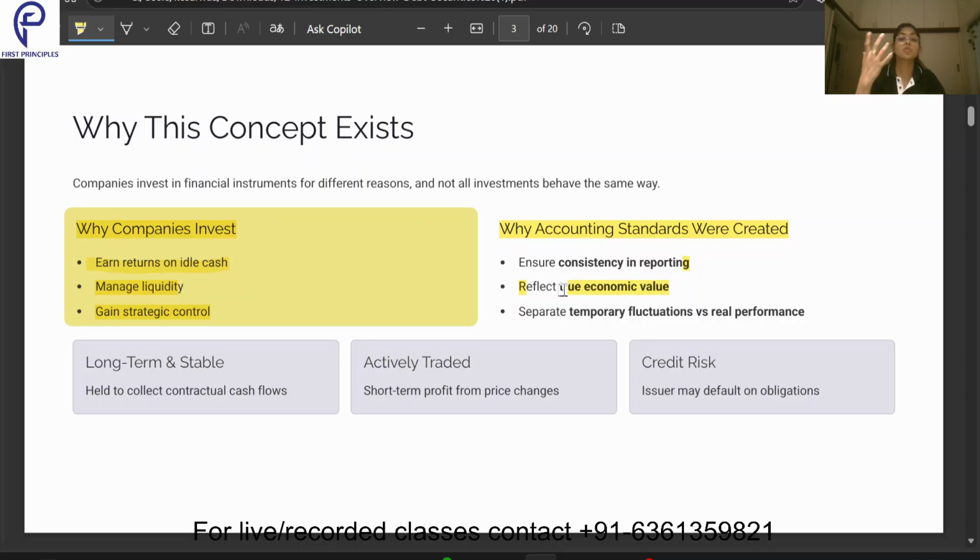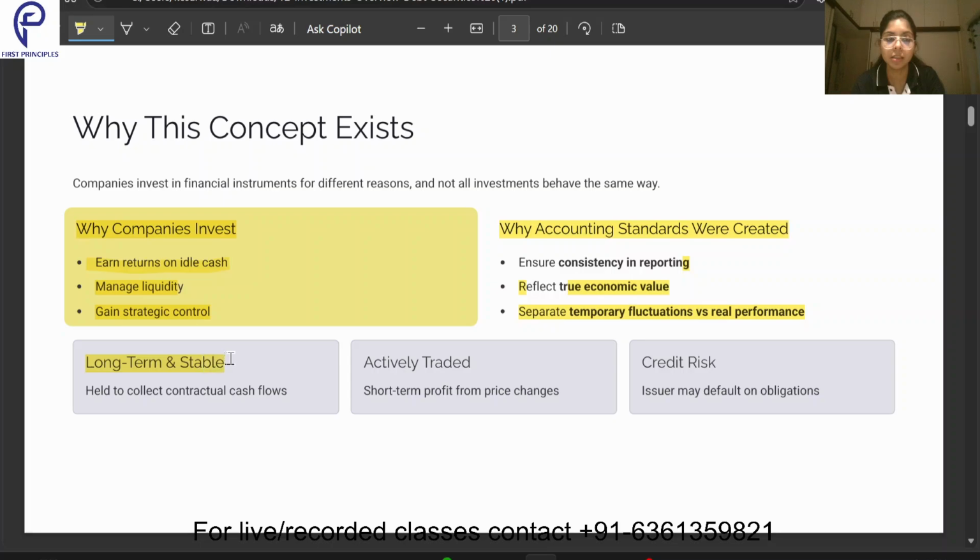That means the actual value of that particular debt security will be reflected. Then, separate temporary fluctuations versus real performance. Whatever changes are there in that instrument will be reflected, and what actually is happening will be separated from temporary fluctuations.